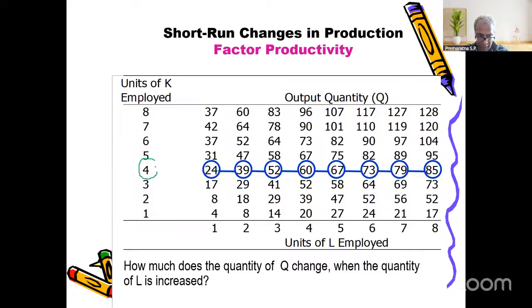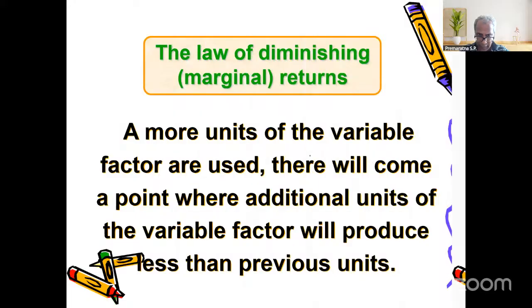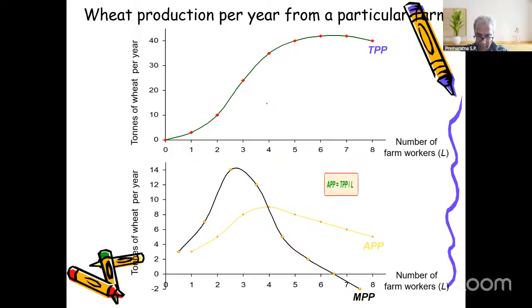In the short term, keeping one input fixed and changing the other input, how much more, and the optimal level to find, it can be 67 or any other number, we did how to do that. And in the long run, both inputs change, with that the producer moves in this direction, and there is also an optimal size of the firm, how to get it, we discussed. Those things, how to get them, we discussed, you did yourself.